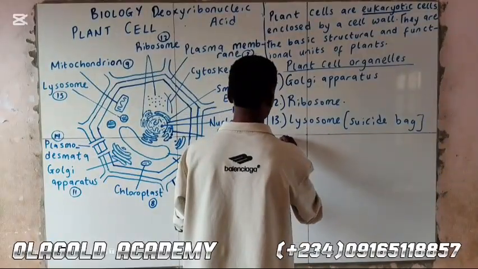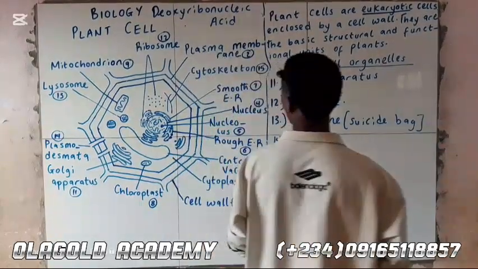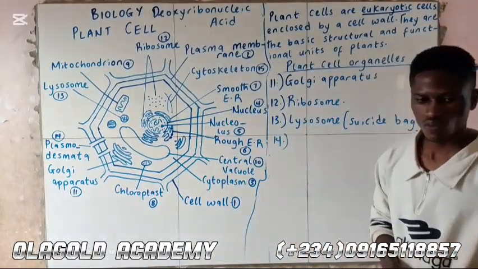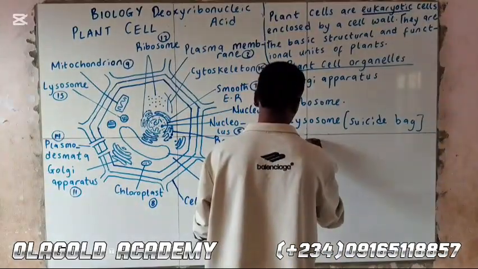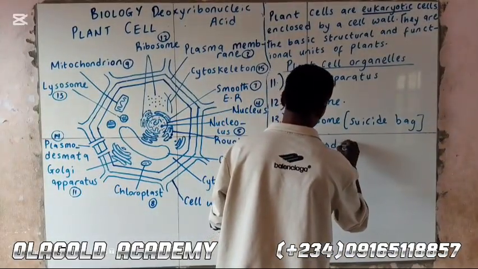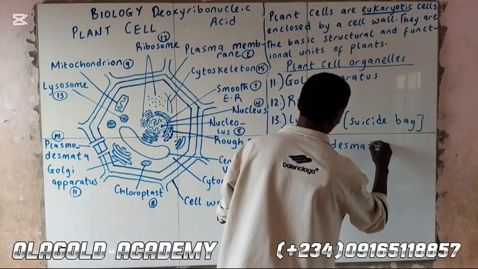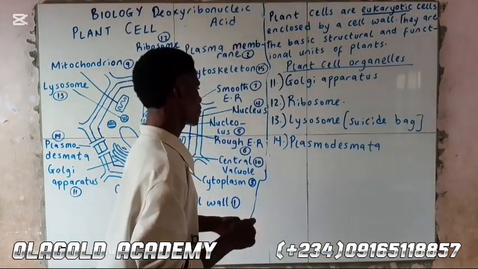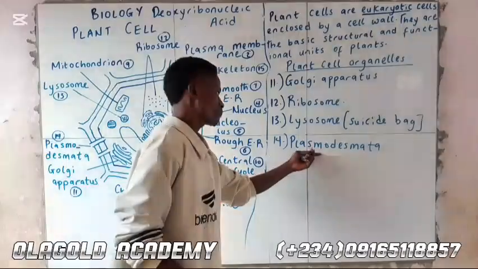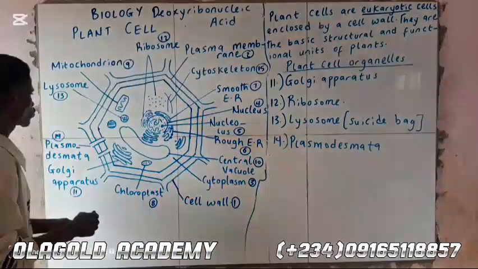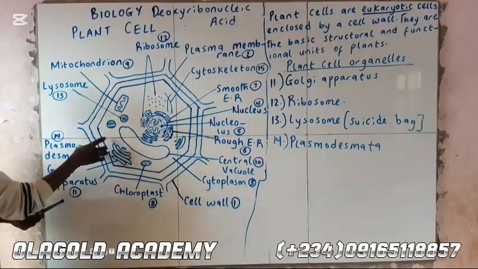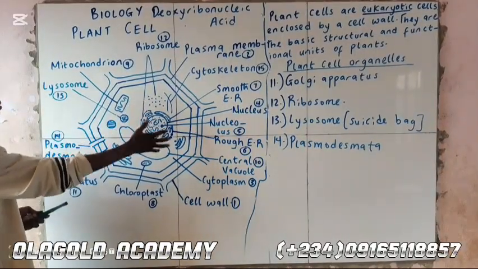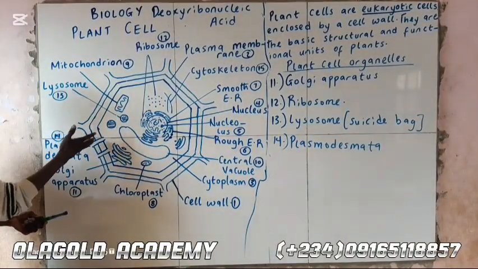Number 14. Right. Number 14, we have the plasmodesmata. As usual, this plasmodesmata is what helps the proteins or waste products to move out of the cell.